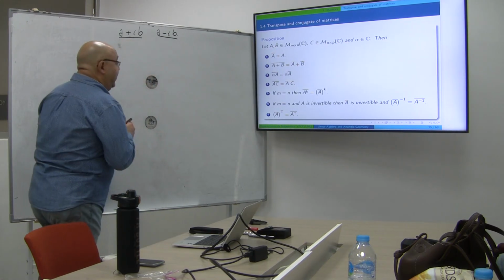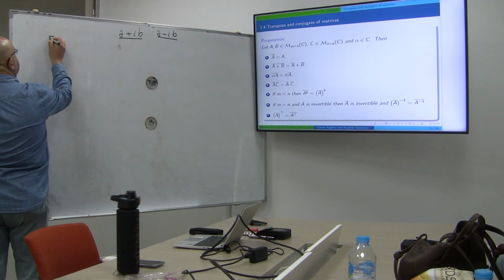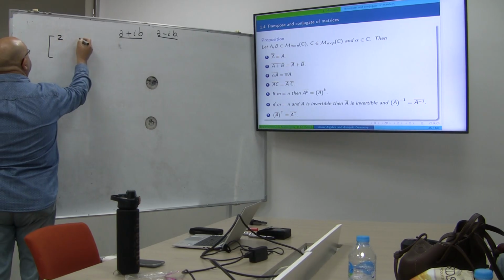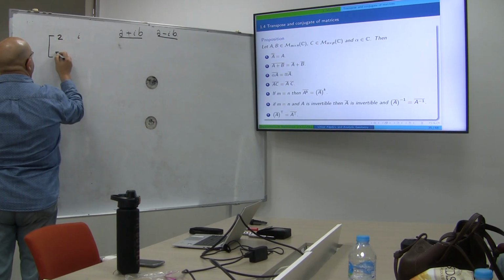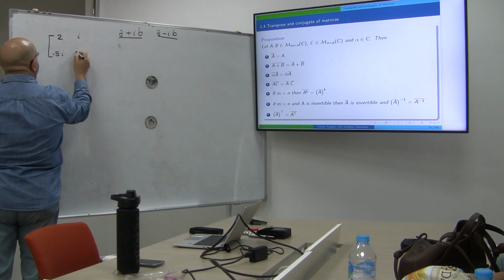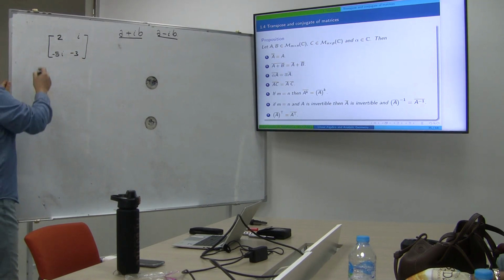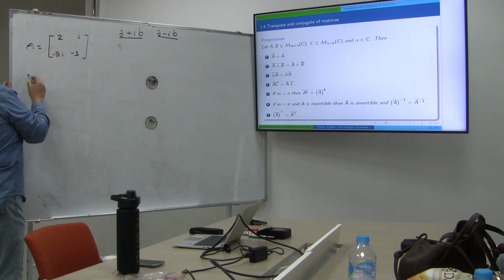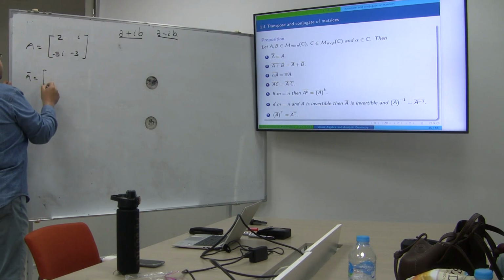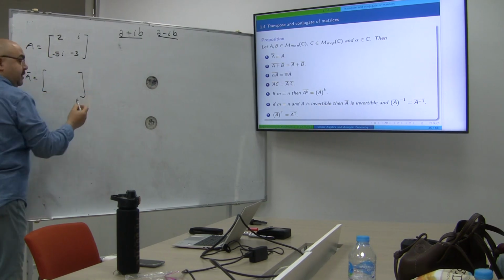Let's see this example: 2I, minus 5I, 3 or negative 3. This matrix is called A. How to get its conjugate? Or what is the shape of the conjugate of this matrix?